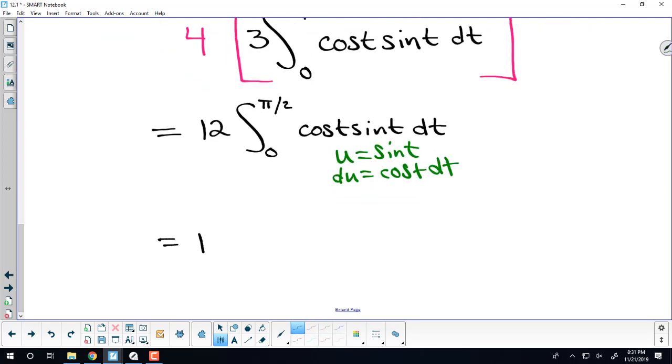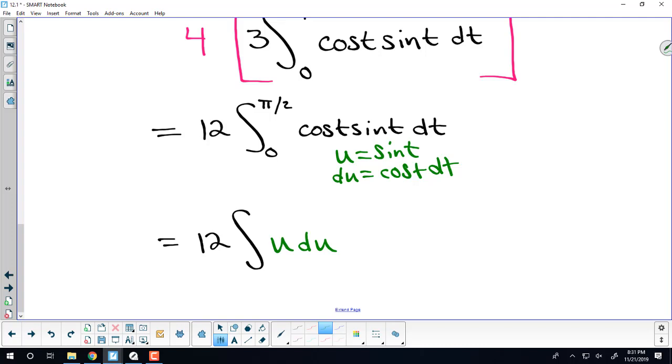So we have 12 times the integral of u du, and u goes from... u squared divided by 2, yeah.